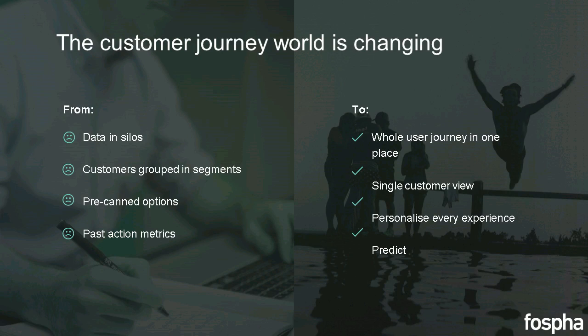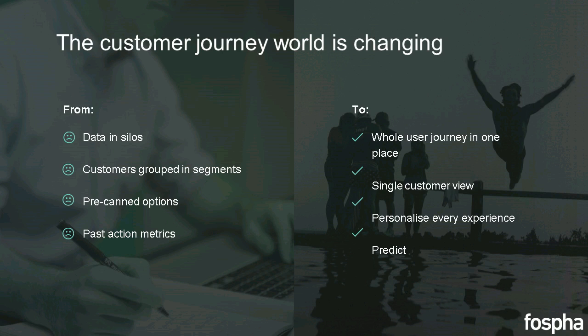The other thing we just observe is the customer journey world is changing, and it's changing fast. Typically we've been used to past action metrics where we focused on clicks and page impressions, but if I tell you one person's got 3 clicks and 7 page impressions, another one's done 8 clicks and 9 page impressions, that actually doesn't really help you. And when we combine that with having data in silos, what's been done in the past is not where we want to be.